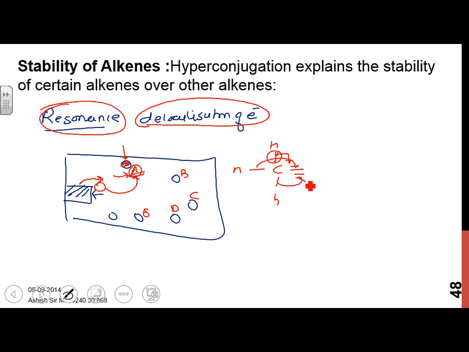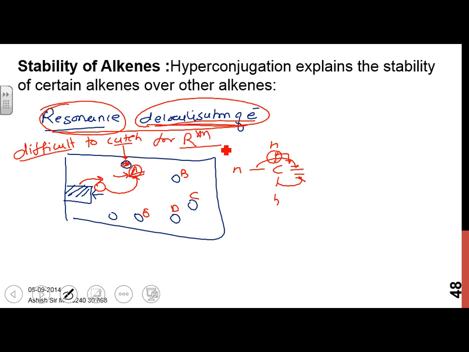In resonance, actually, the electron keeps on moving to different places in different structures. Yes or no? If the electron moves at different places, then it's difficult to catch for reaction.